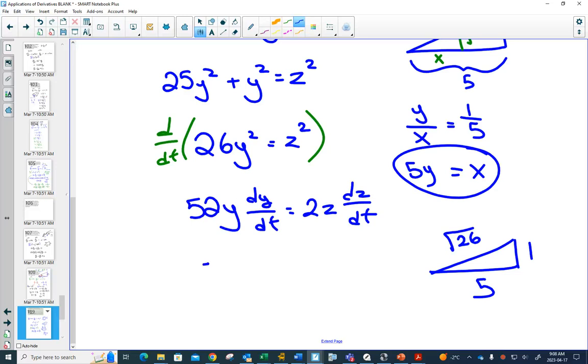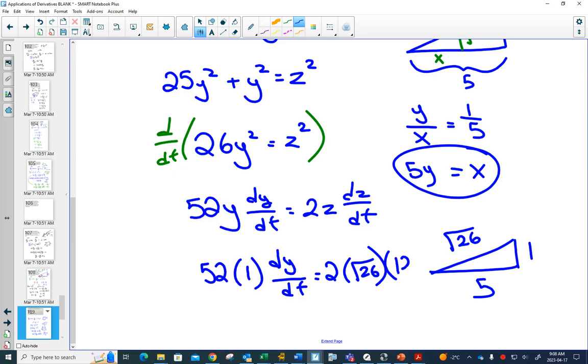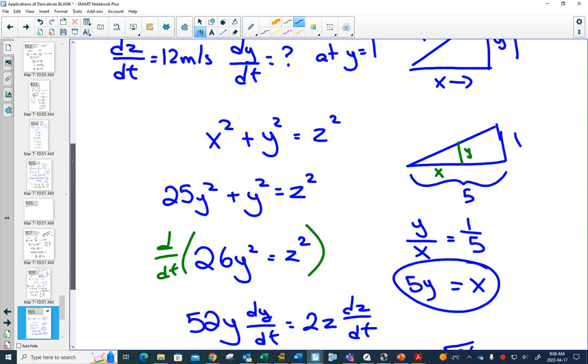So plugging everything in, 52 times 1 dy/dt equals 2 times root 26, and we know that dz/dt is 12.